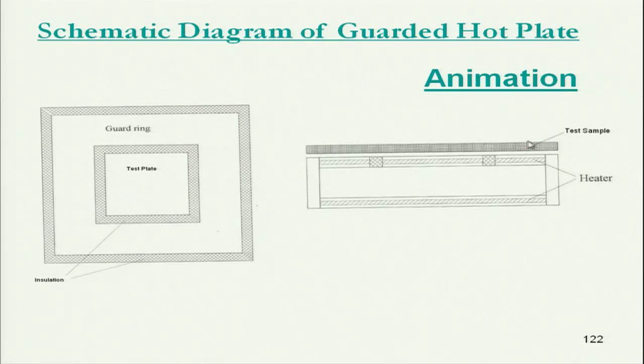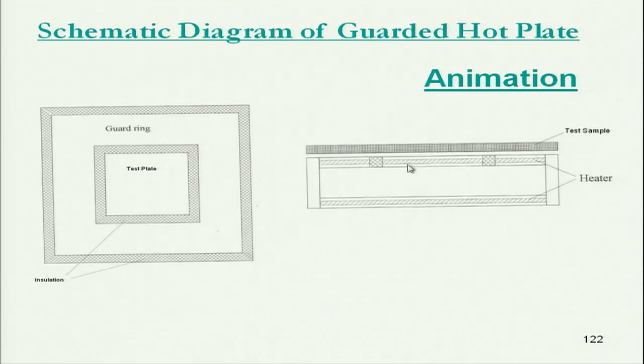Now, here it is a top view, and if you see the side view, this is the test plate, similar to this, these are the insulators, and here this is the guard ring, another plate which is called the bottom plate.